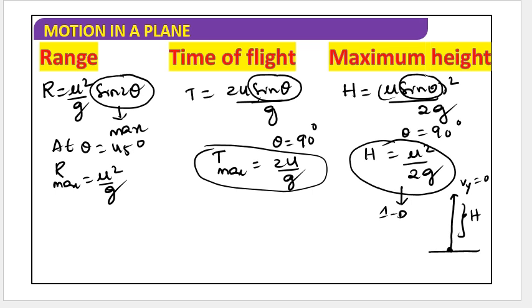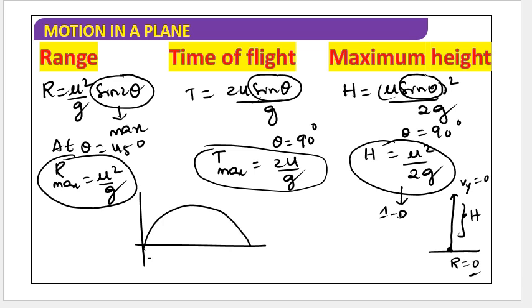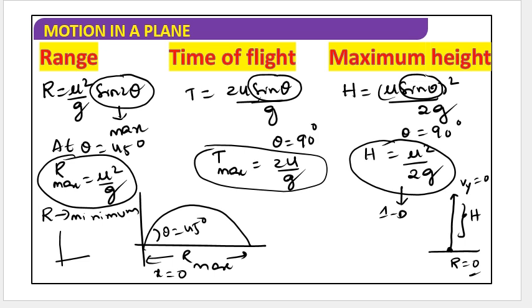When the body reaches maximum height, its range becomes 0. Here also, this is the maximum range when theta is equal to 45 degrees. When the range is minimum, the x coordinate should be equal to 0, which means the body moves in a vertical direction.